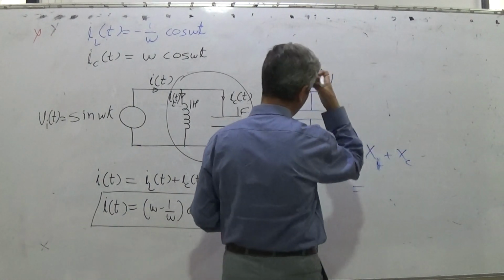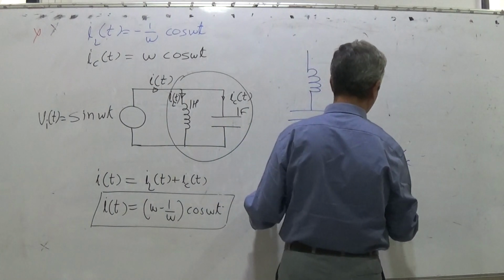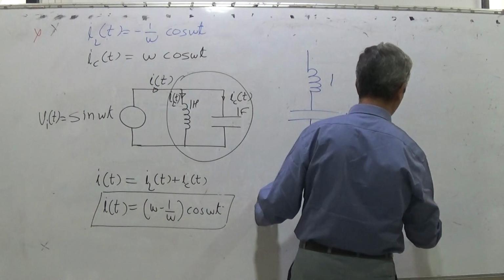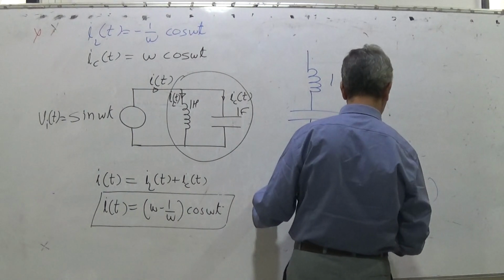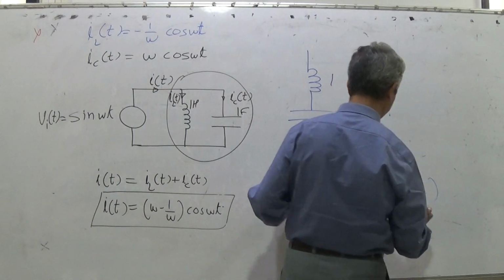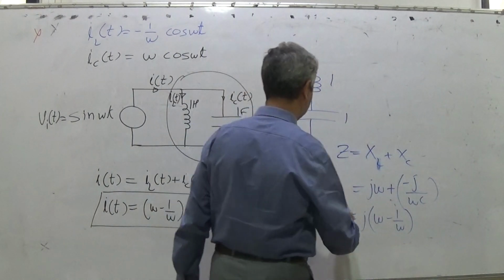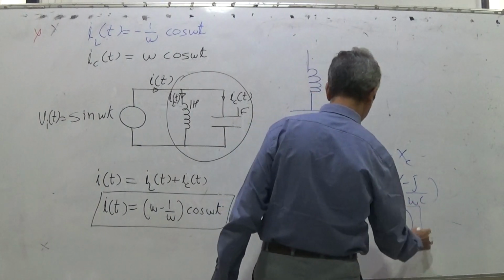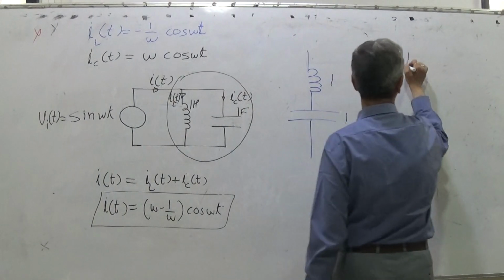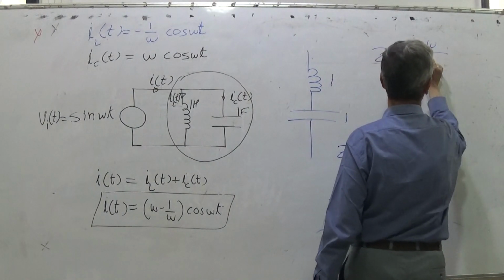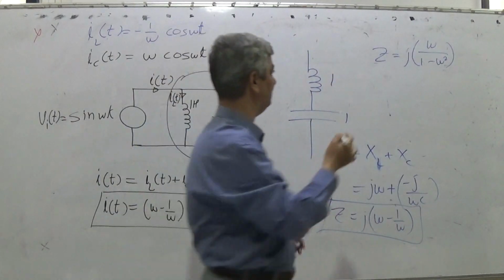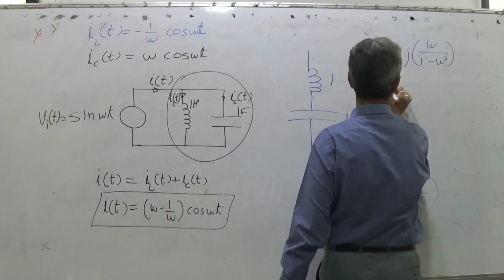L is 1, so it is J omega plus minus J upon omega C. So it is J into bracket omega minus 1 upon omega. For parallel, Z was J into bracket omega upon 1 minus omega square. So that is for parallel and this is for series.